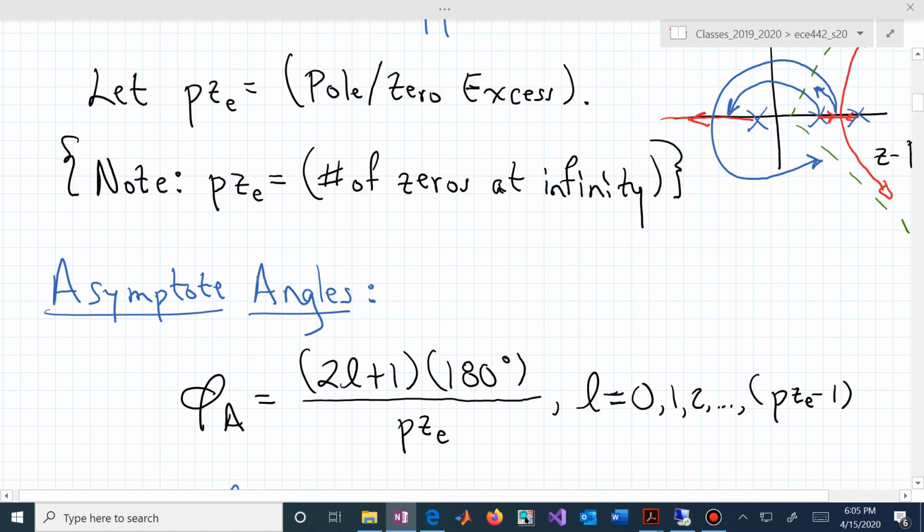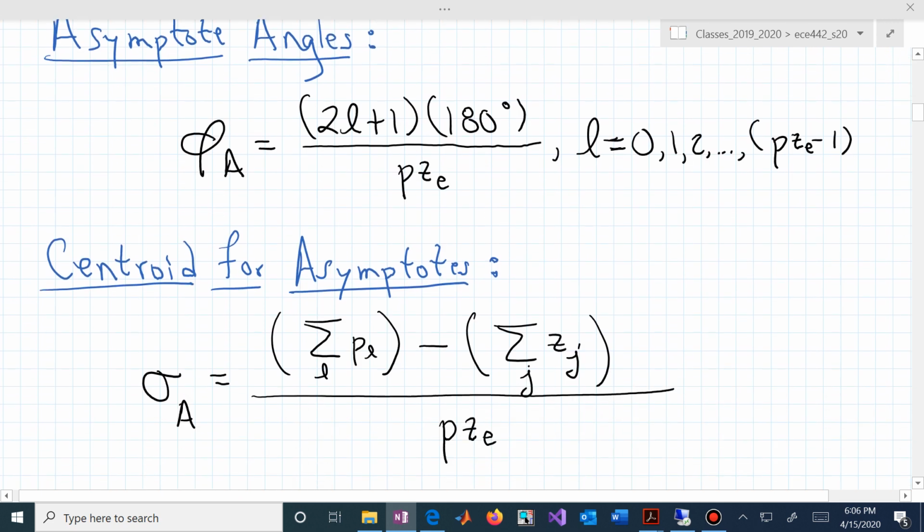Where do those asymptotes emanate from, or where is their centroid? Where are they centered on the real line? That's what we call sigma sub A. Sigma sub A is the centroid, and that is determined by taking the sum of the poles minus the sum of the zeros divided by the pole zero excess.